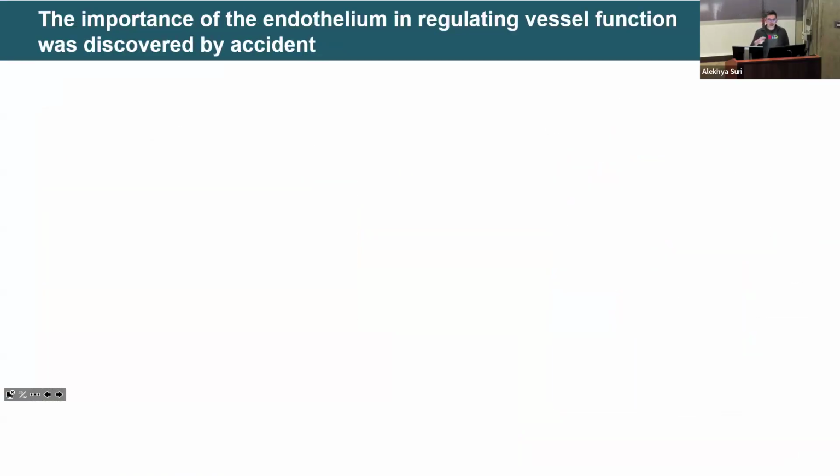Now, why do we talk about the endothelium so much? Turns out that the importance of the endothelium in controlling vascular function was discovered by accident.